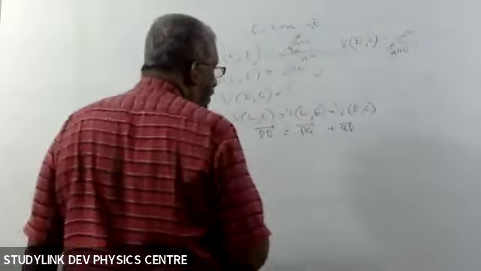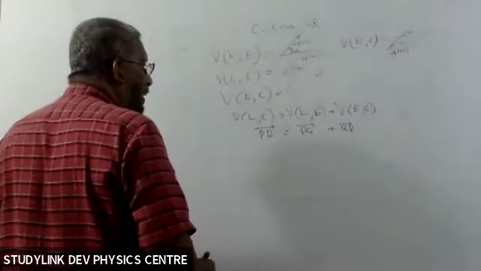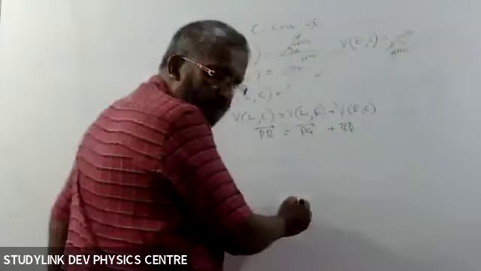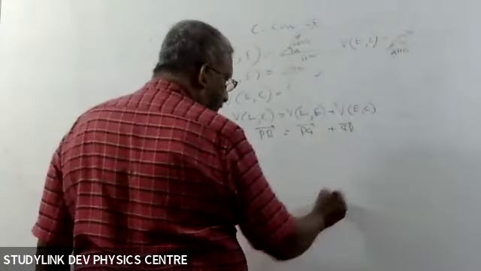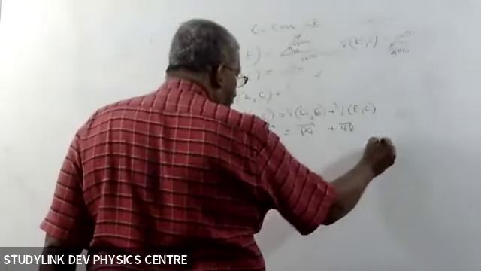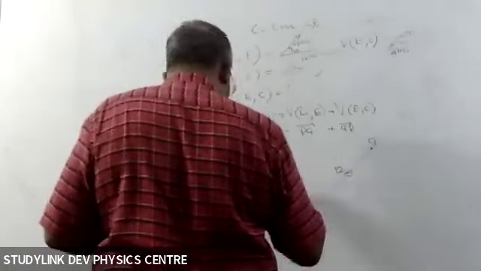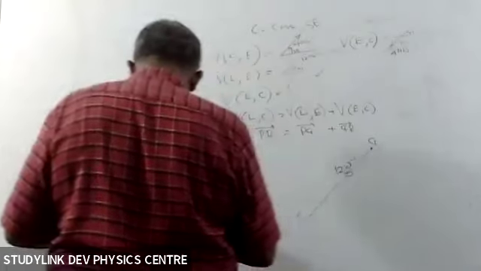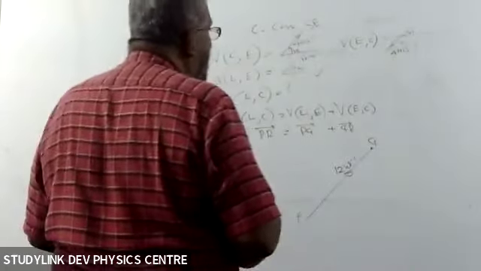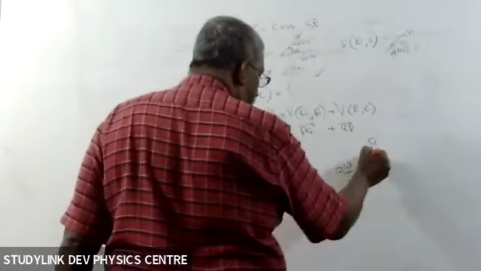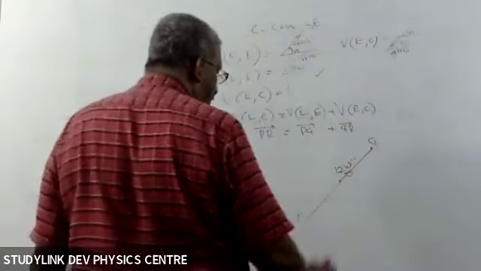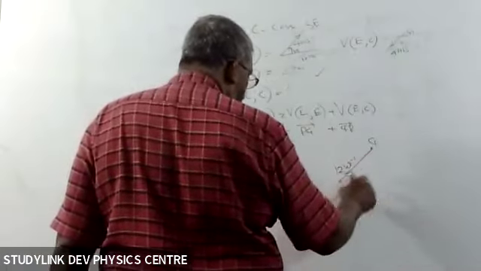Then PQ, you can draw PQ as LE, 12. P to Q, 12 ms minus 1. Then QR is EC, 4, coming towards this direction, 4 ms minus 1.